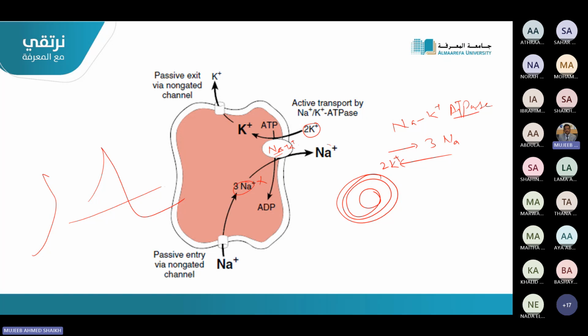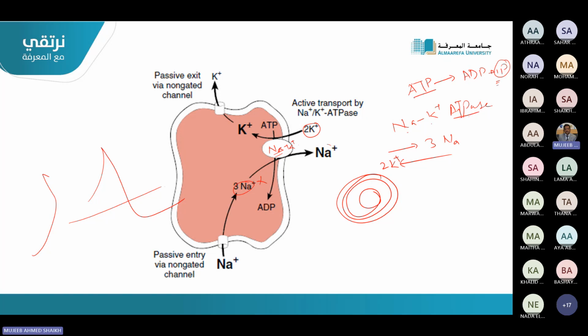Because ATP is broken down here. Energy is utilized. ATP is broken down into ADP and inorganic phosphate. This phosphate is utilized for this movement. This is the energy. The energy is coming from ATP. That's why the name of the pump is sodium potassium ATPase pump.